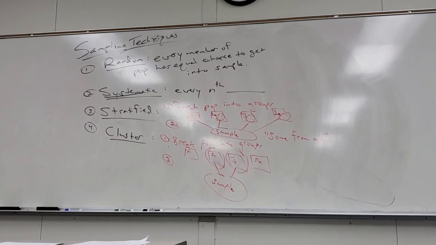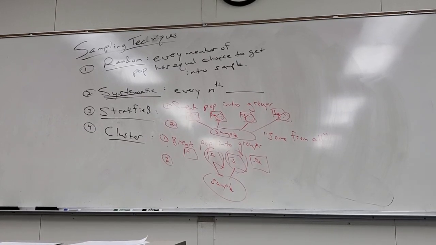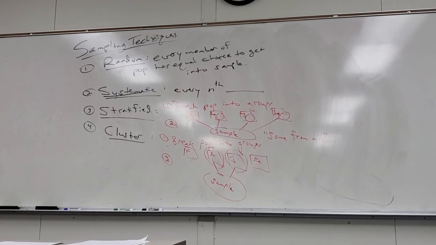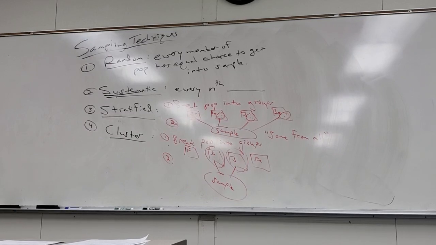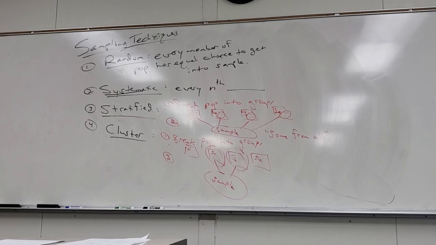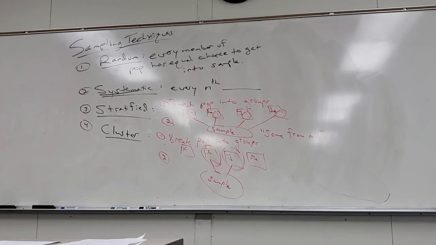What's it take to be random again? Everybody, so if you guys are the population, yes? You guys are the population. If I pick somebody randomly from each row, does everybody have a chance to be in the sample? Yes. Okay? They don't have an equal chance though. Why not? Because different rows have different people.